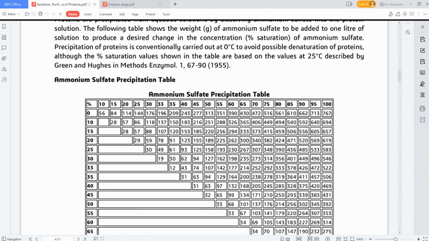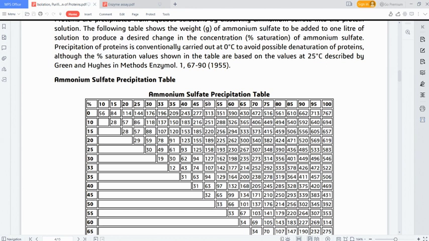So what you will do is that after centrifuging, you will decant and reconstitute with your buffer. And when you reconstitute with your buffer, you begin to test each tube for the presence of the protein of interest. So maybe the protein of interest is in the one that has 50%.